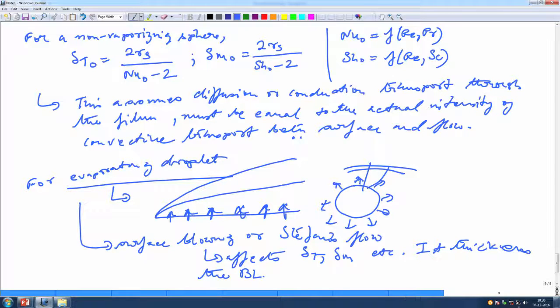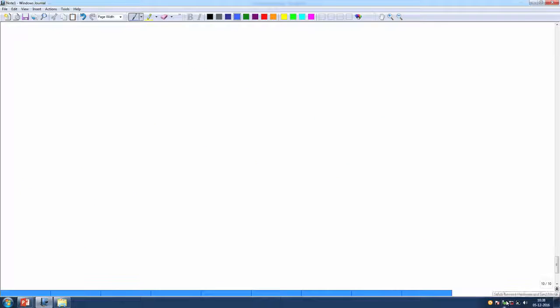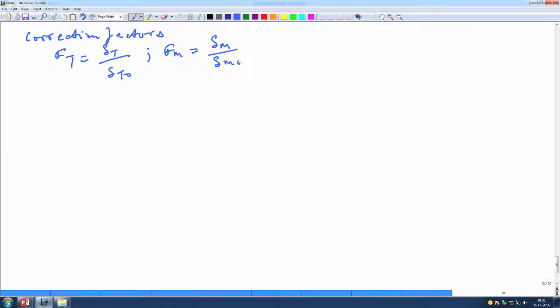So, in other words, to take into account that thickening, we introduce correction factors. The correction factors are F_T, which is basically given by delta_T divided by delta_T0, and F_M, which is delta_M divided by delta_M0, right. So, these were basically for the non-vaporizing cases.